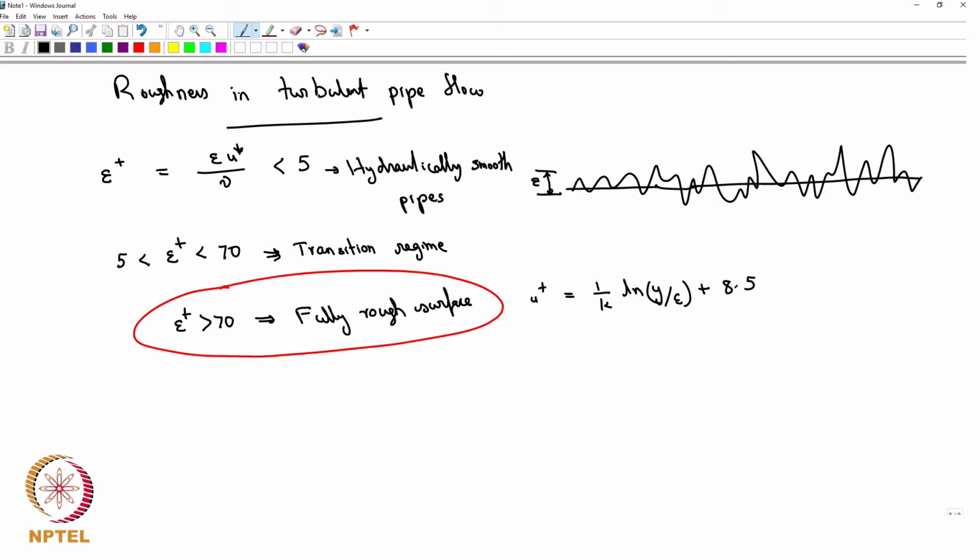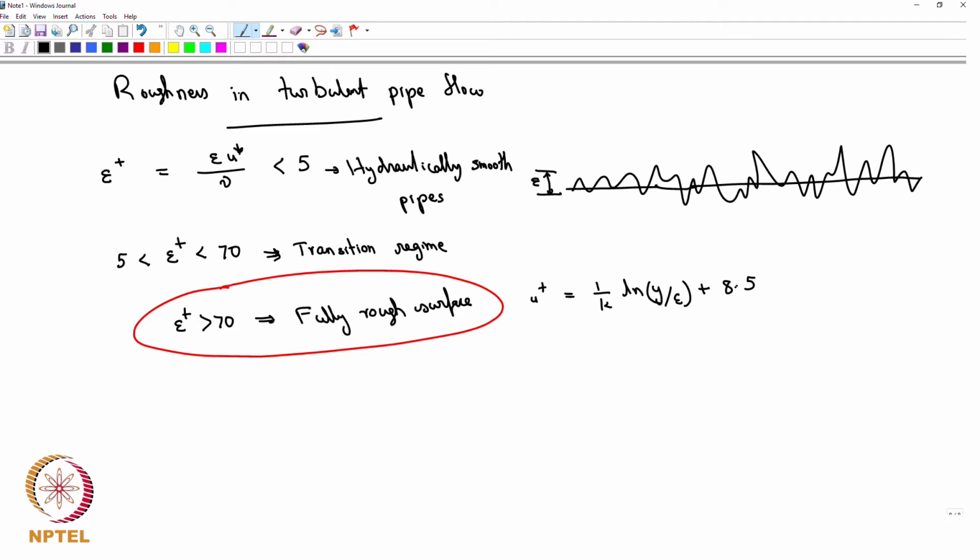Yeah, so you basically see that the wall layer is so thin that parts of your overlap layer is occupied by the crust itself of the roughness, in some sense, or maybe all the way up to there.